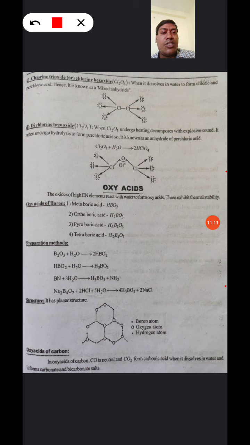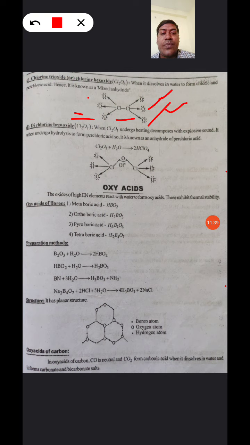Hence, this is also known as mixed anhydride. So this is the structure of chlorine hexoxide, Cl2O6, with 2 chlorine atoms and 6 oxygen atoms. So this is chlorine trioxide.